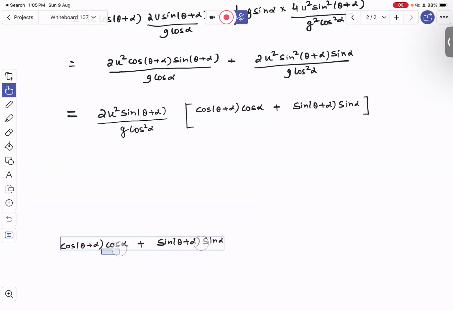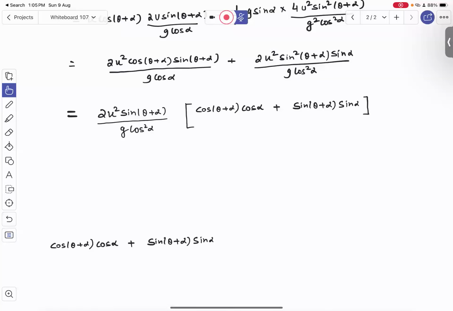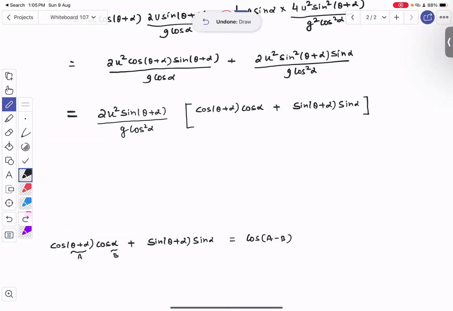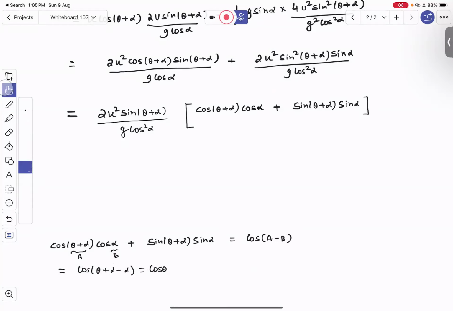So if I consider this angle as A, this angle as B, it is going to be cos A minus B. That is going to give us cos theta plus alpha minus alpha, that is cos theta, no?